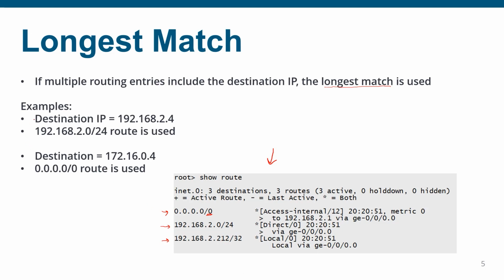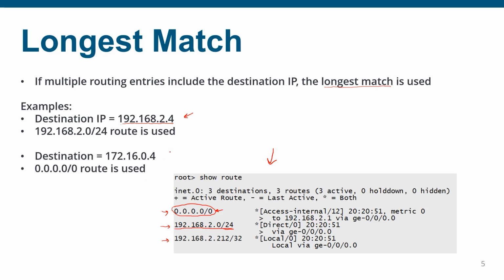So if we have an IP destination for our packet of 192.168.2.4, it will use the /24 entry, even though that destination is matched by our 0.0.0.0 route, which includes everything. That is a catch-all.